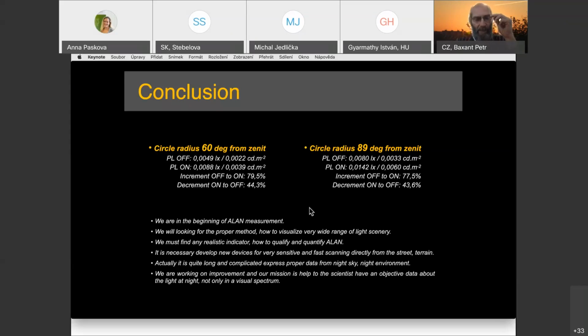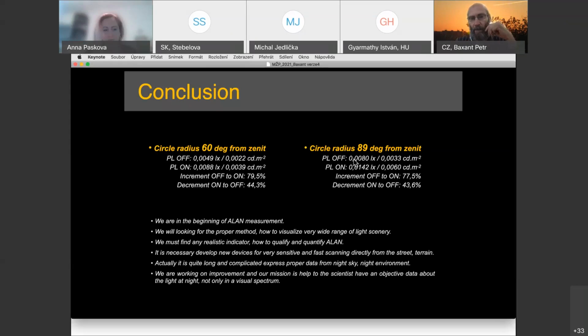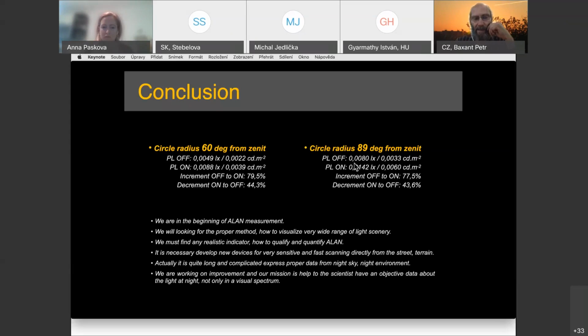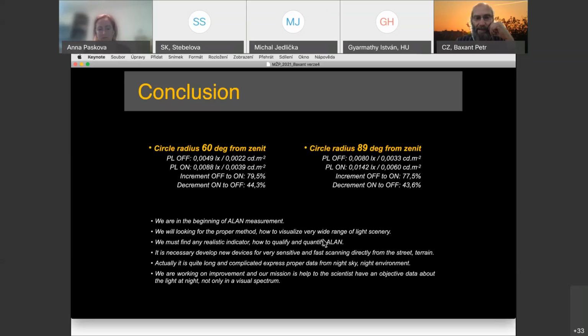because it's not very easy to compare pictures or images in different lighting conditions with a very wide range of luminances. These numbers are very small, and in a real scenario there are sources with luminances higher than maybe 100,000 candela per square meter, and the visualization is very complicated.